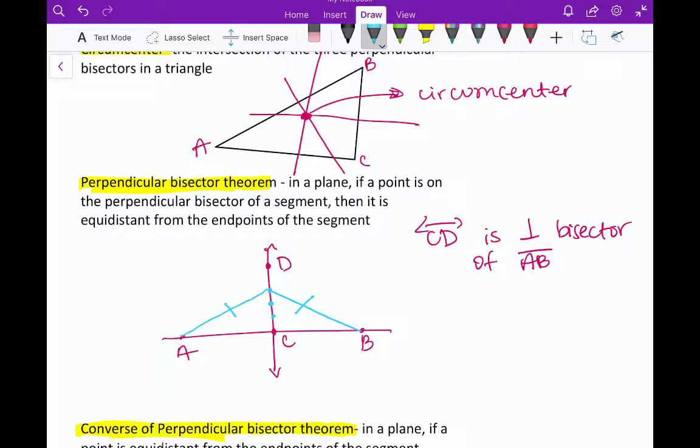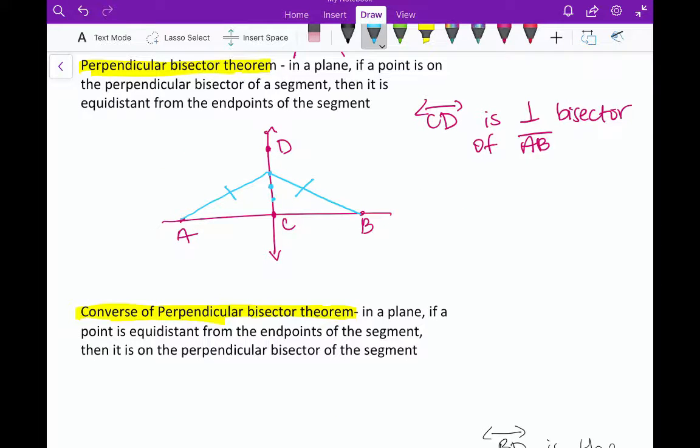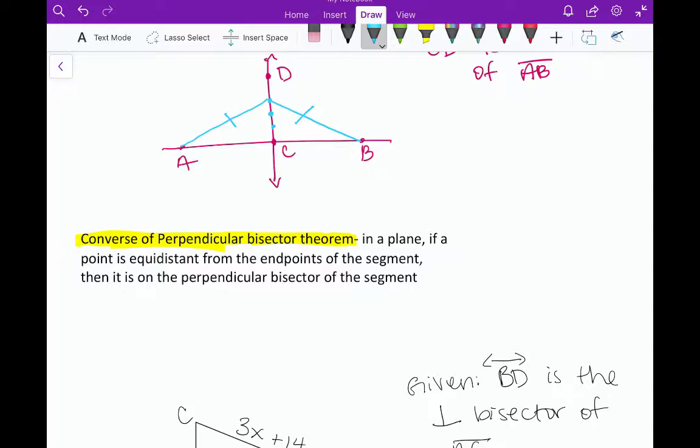And so we can use this theorem when we're looking at triangles or any kind of figure that may apply to this. Now, the converse of this is also true. Remember, the converse is if Q, then P. So if a point is equidistant from the endpoints, then it is on the perpendicular bisector.